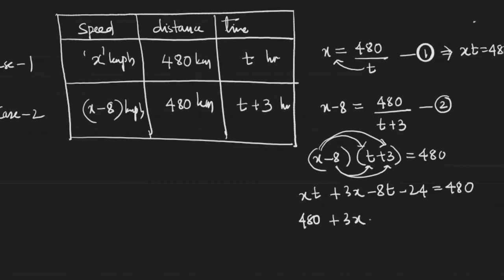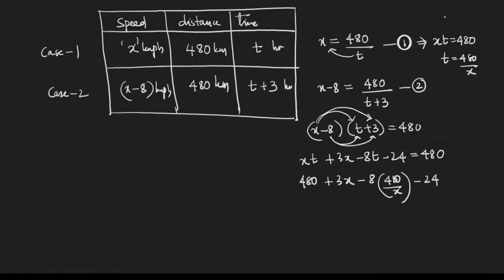So let me write 480 in place of xt, plus 3x minus 8 into t. So what is t? t is 480 divided by x. Let me substitute this expression here. 480 divided by x minus 24, and I'm shifting this 480 to the left hand side.